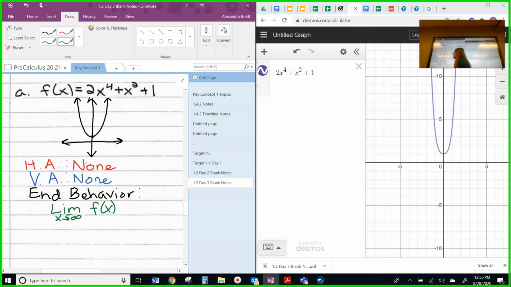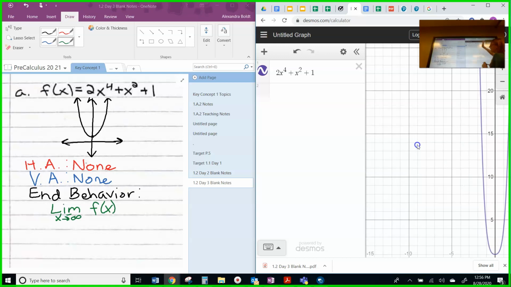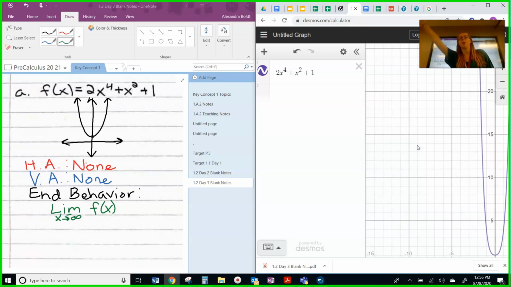Let's do negative first. Okay, so negative infinity is the far left side of your graph. And as I keep going left, I can see this graph is going to go up and up and up and up forever. So as my graph goes to the left, my function is going up forever.